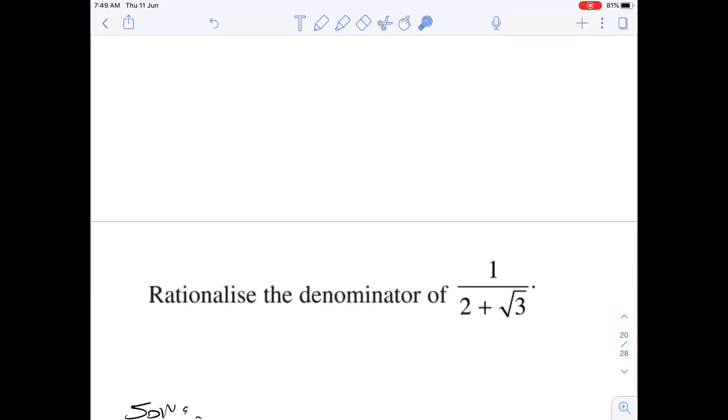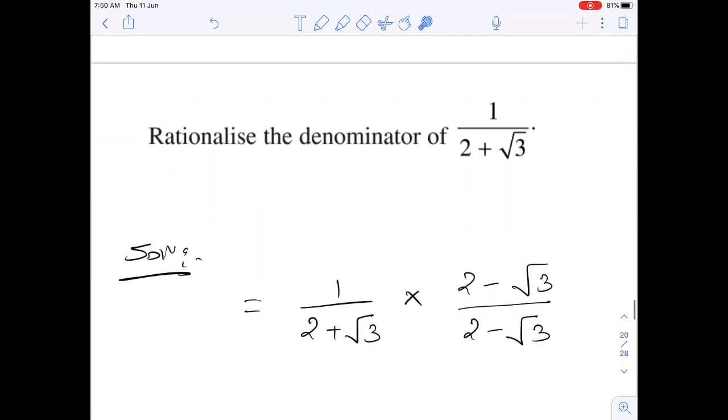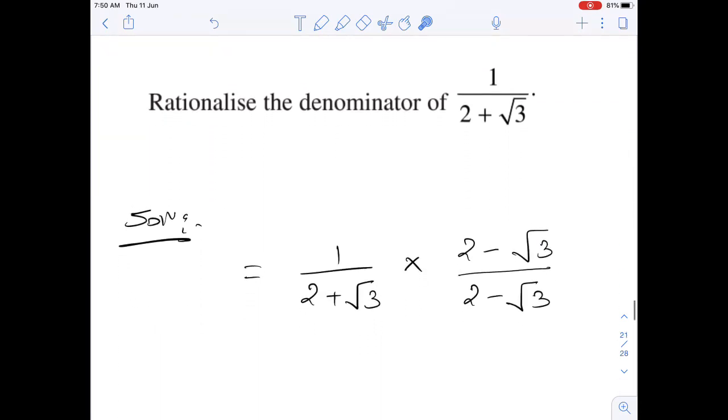That is, if here it is 2 plus root 3, we will multiply and divide by 2 minus root 3 upon 2 minus root 3, as we have done over here. So two terms were there and between them plus was present, so instead of plus we have multiplied by 2 minus root 3, keeping the numbers the same. Now the numerator will multiply with 1, so 2 minus root 3 into 1 will become 2 minus root 3.